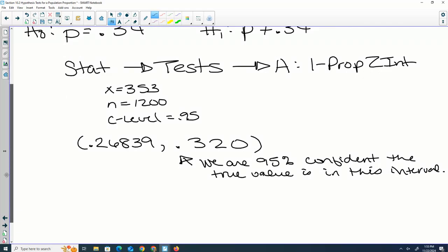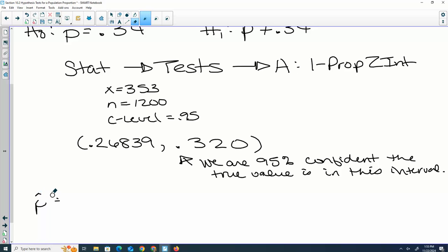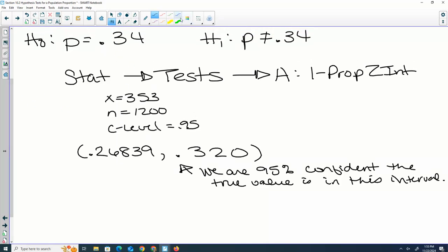What is the p hat in our problem? Oh, sorry, we don't even actually have to have that because our calculator did it. So it does tell you on the calculator if you want to jot it down. But if we look, is my null hypothesis, my 0.34, in this interval?